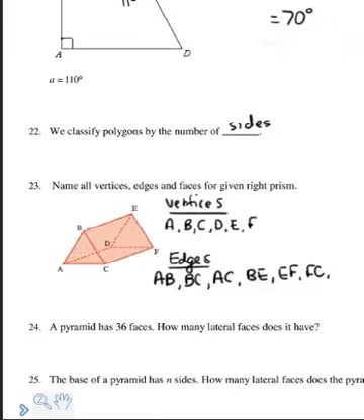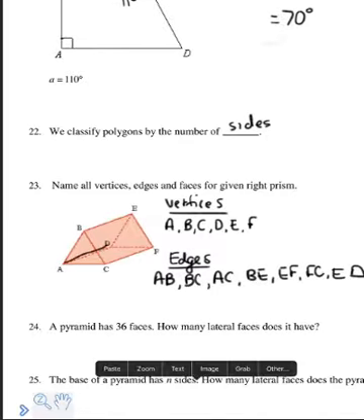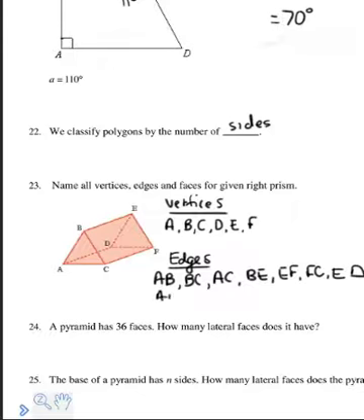But we already had BC mentioned over here, so we don't need it again. We have ED right back there. And then we have AD back there. And we have DF.